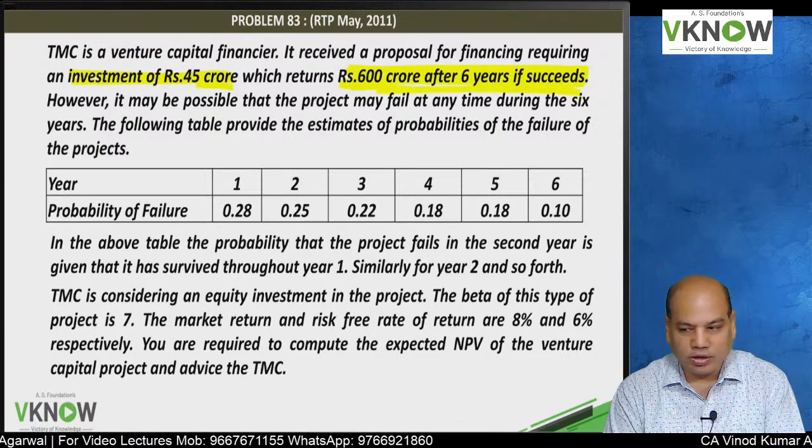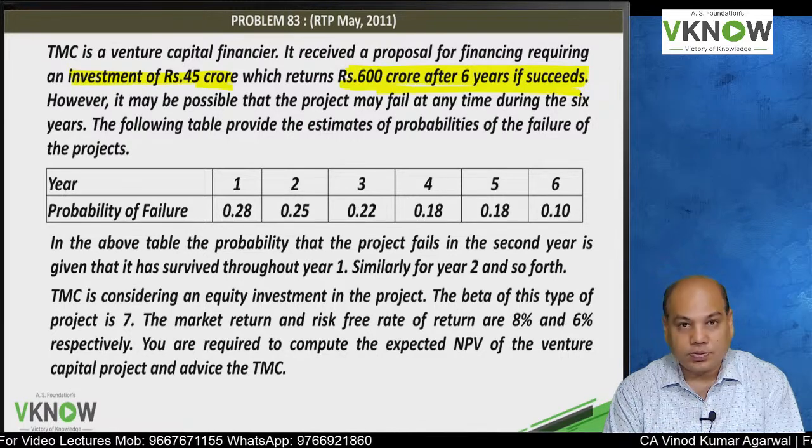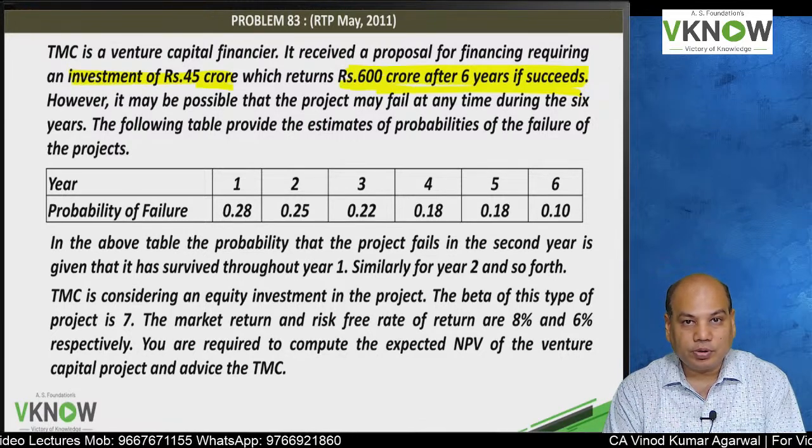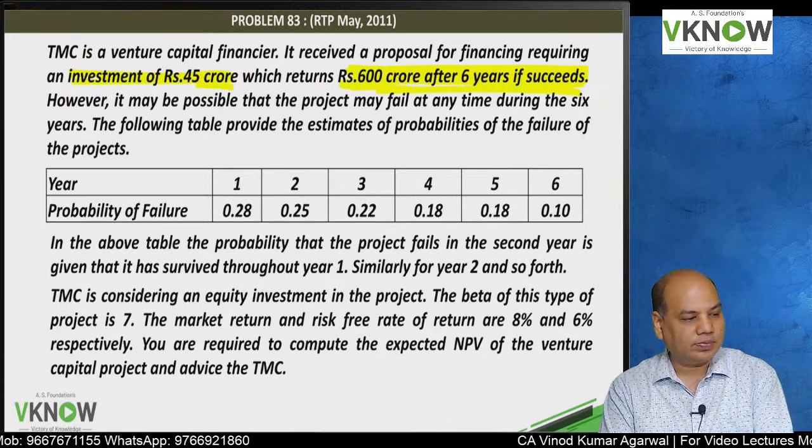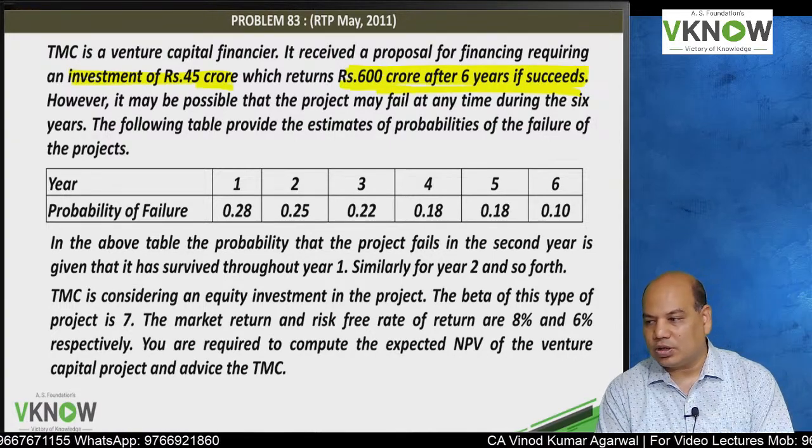So today you make an investment of 45 crore, but if the project becomes successful, then you will get 600 crore after 6 years. That is how venture capitalists work.